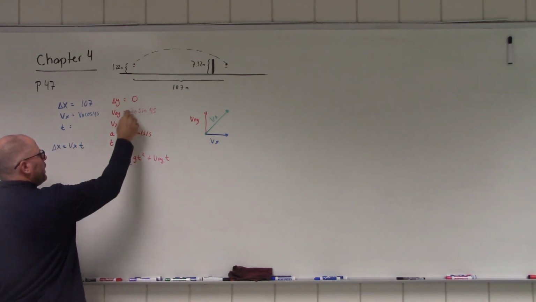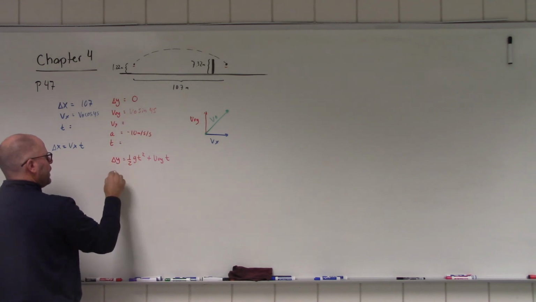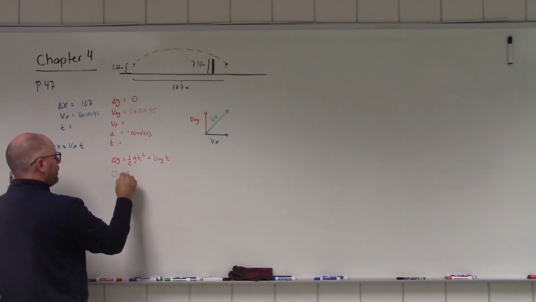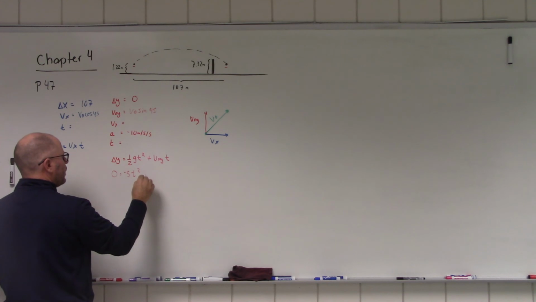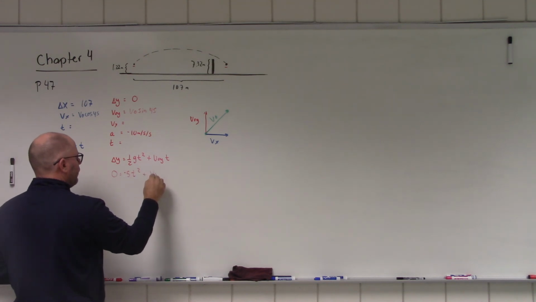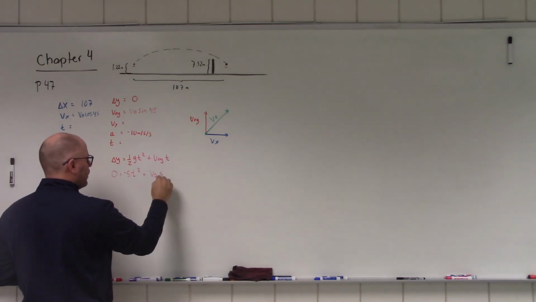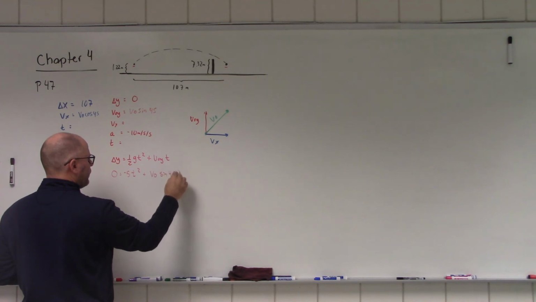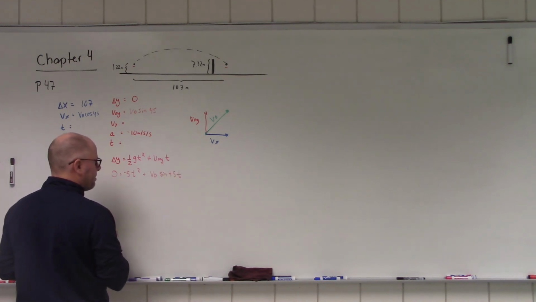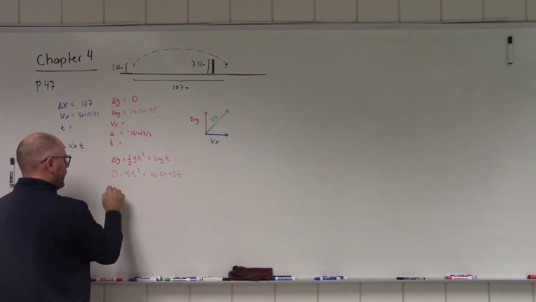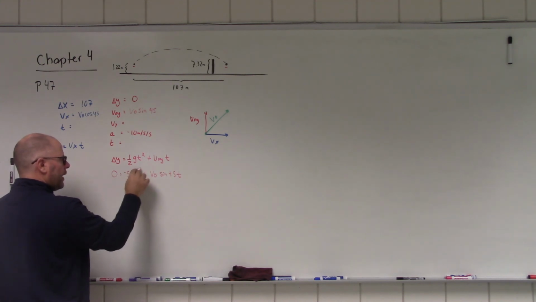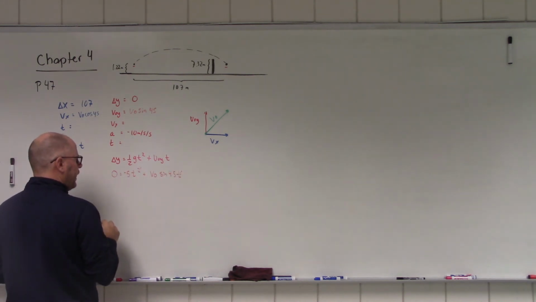So if I plug this in here, this is 0, this is -5 t squared plus V0 sine 45t. So I can solve for t here. I'm going to add this term to both sides, divide through by a t.